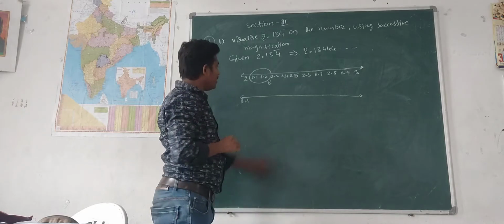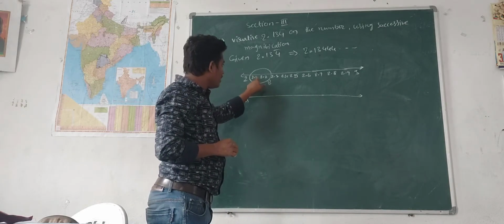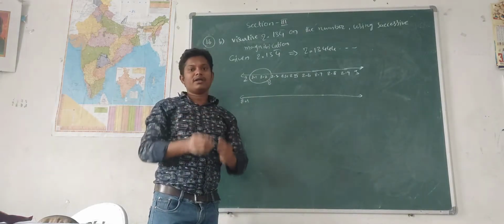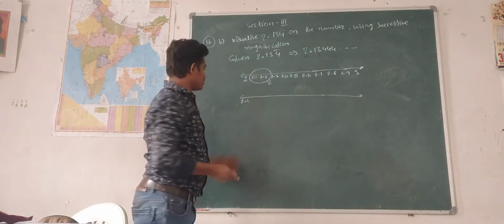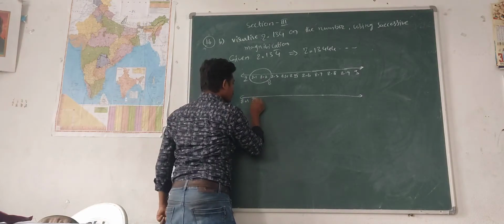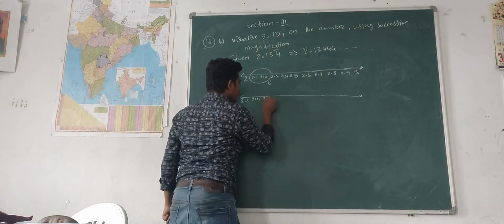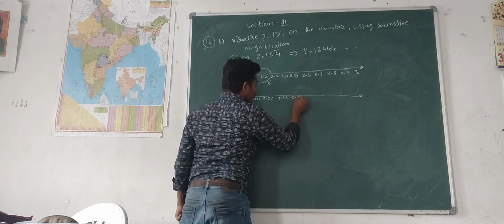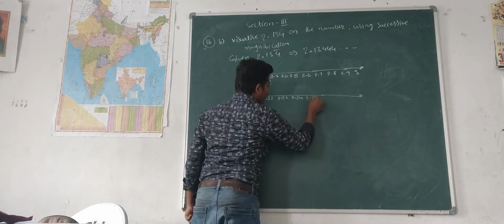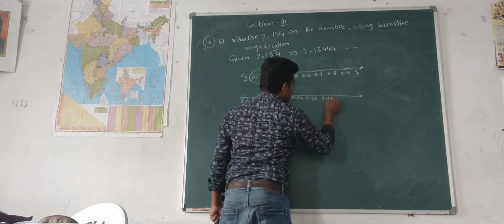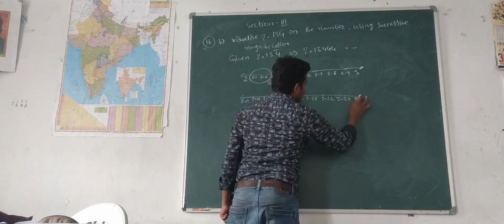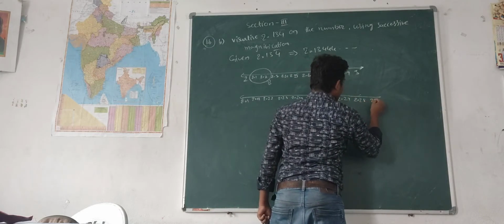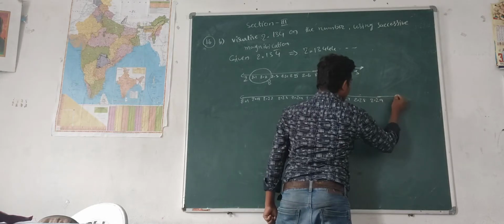I am dividing 2.1 to 2.2 into 10 equal parts: 2.11, 2.12, 2.13, 2.14, 2.15, 2.16, 2.17, 2.18, 2.19, and 2.20.